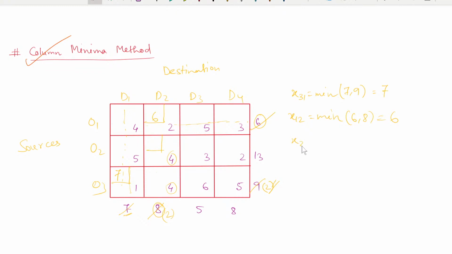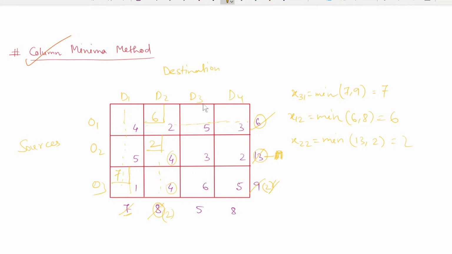So x22 is equal to the minimum of 13 and 2, which is 2, so we write 2 here. The demand for destination D2 is exhausted now, and the availability from origin O2 is remaining 11 units.